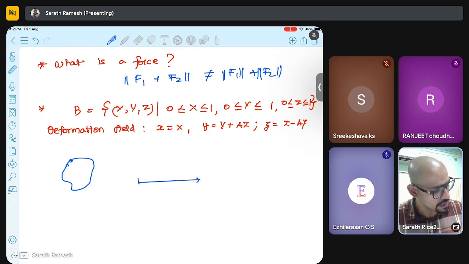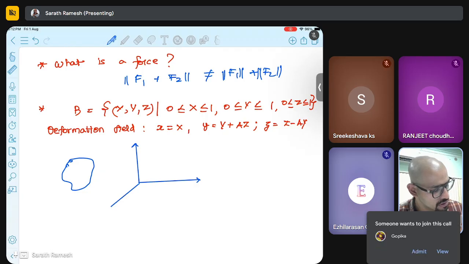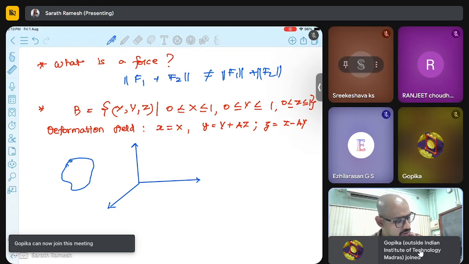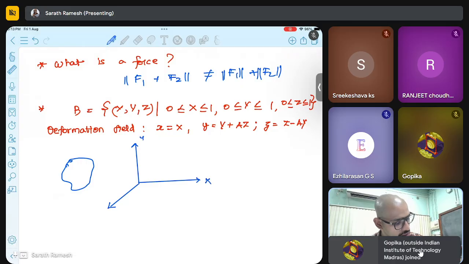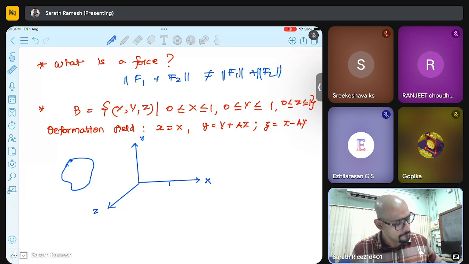This is the x-axis, this is the y-axis, this is the z-axis.